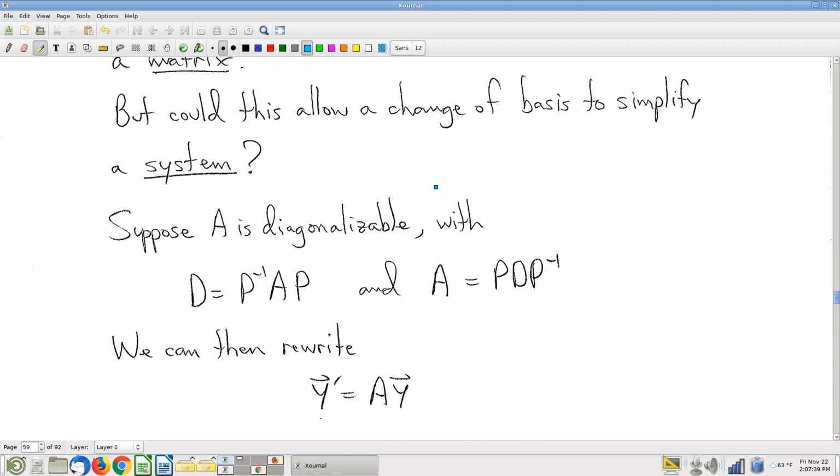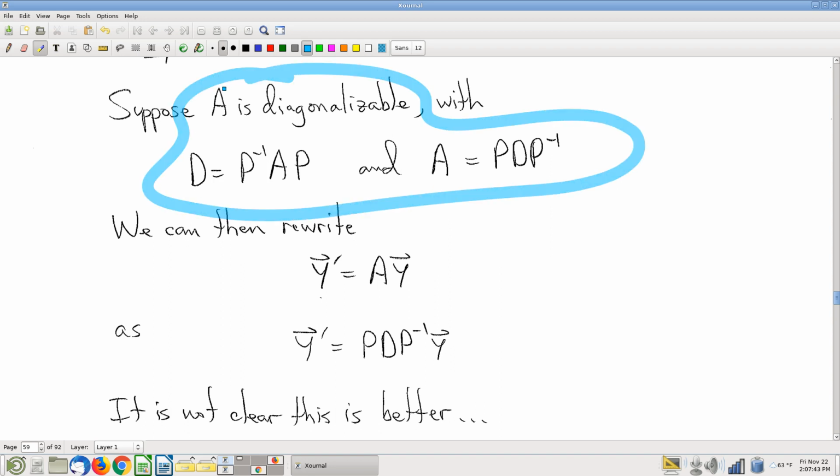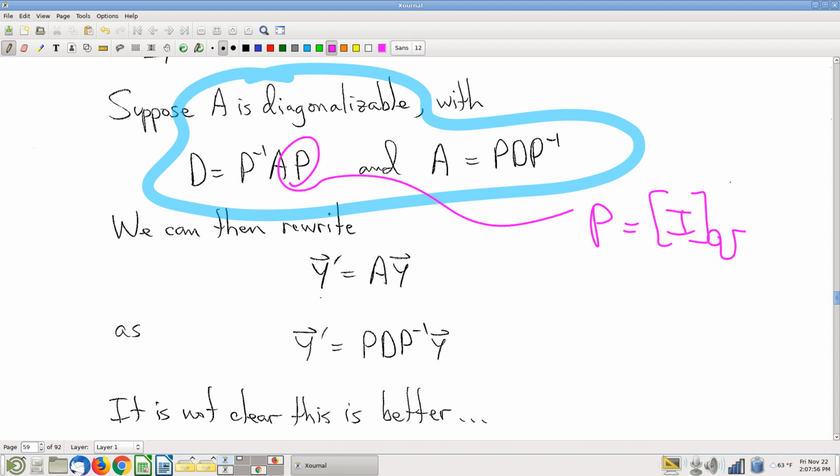Here we go. So here's our diagonalizable matrix. Remember, that's what it means to be diagonalizable. Don't forget what this P matrix is. This P matrix is the change of basis matrix from V to S, where V is the basis of eigenvectors. Right?